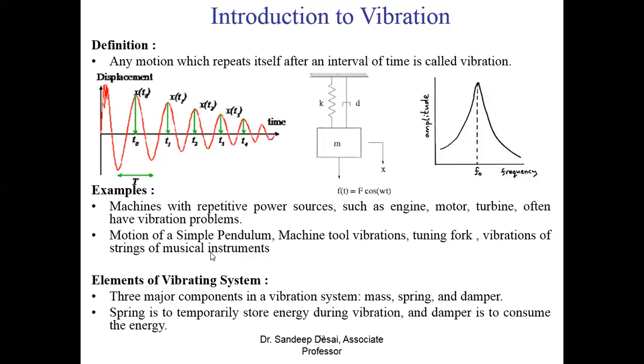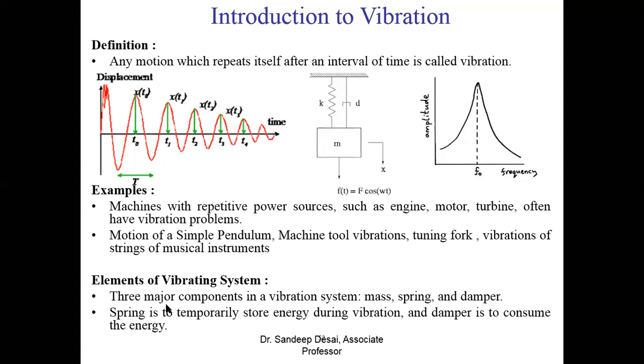Vibrations of strings of musical instruments is something where vibrations are desired, because their vibrations are causing the musical instruments to work. But in machines, vibrations are undesired. So in some applications vibrations are desired, but there are many applications where vibrations are undesired, right?